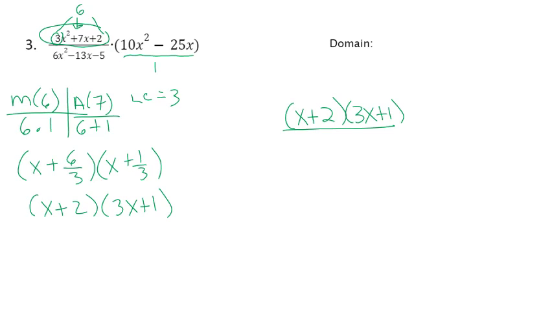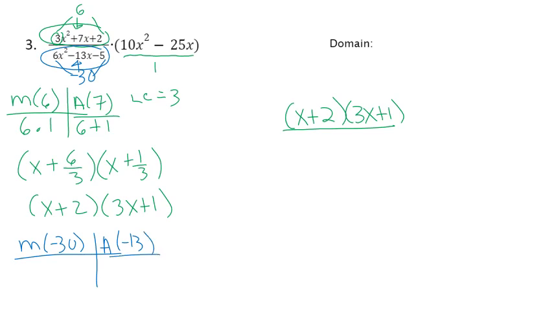And then the same thing, so the bottom part, same idea. So factors of negative 30 that add to negative 13. We're going to end up with negative 15 and 2. This one we also have something other than 1 in front, so leading coefficient of 6.